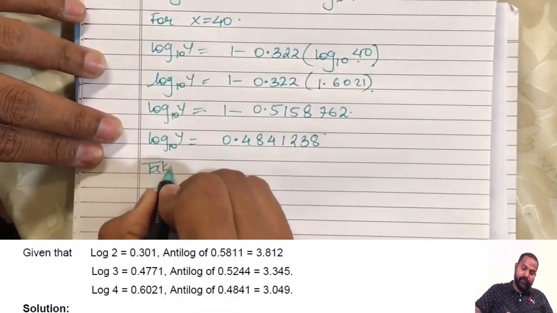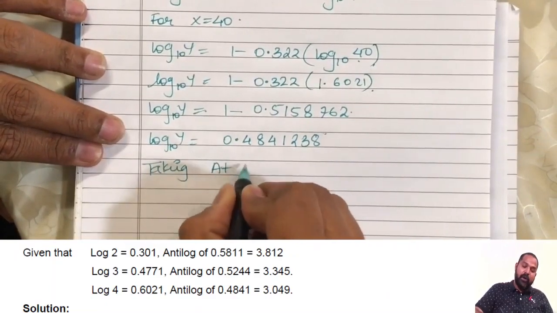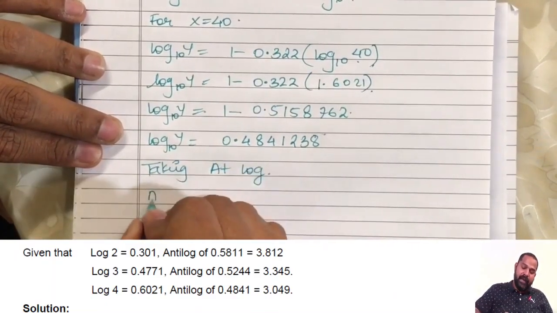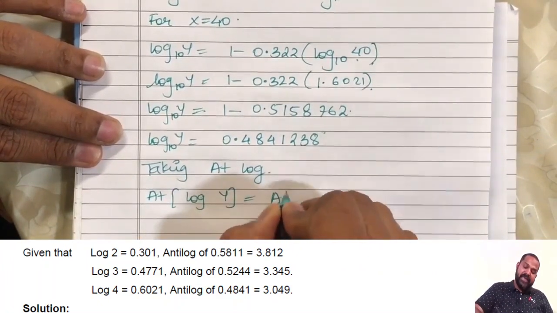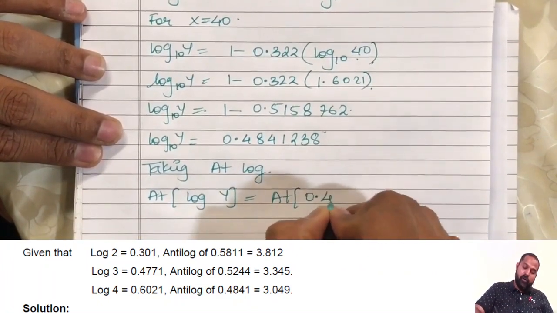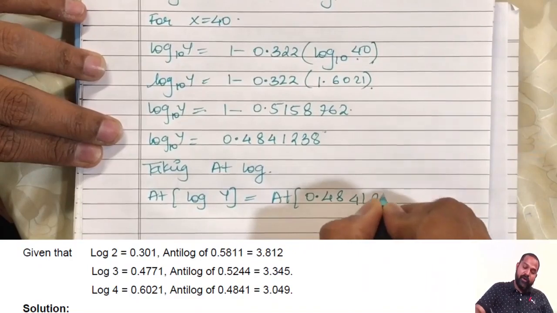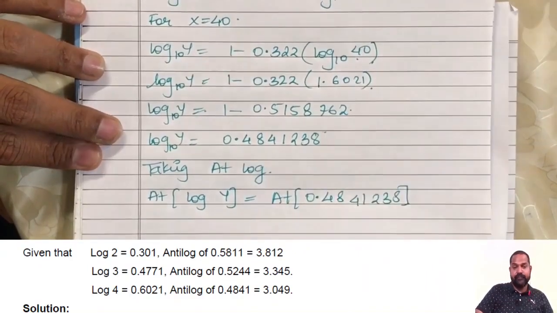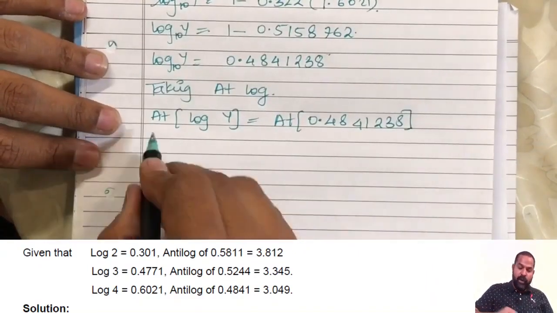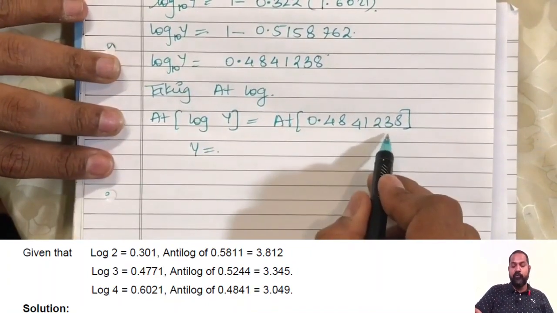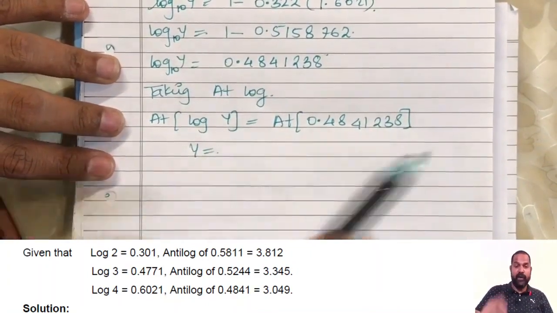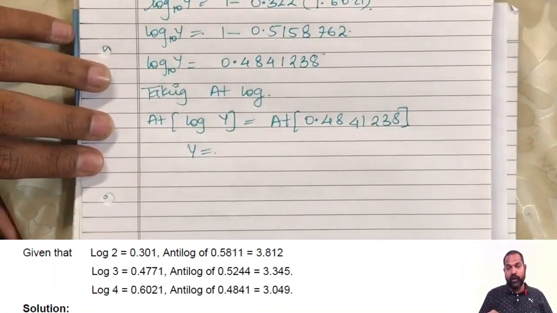Taking anti-log, antilog of log y is the antilog of 0.4841238. Antilog of log y is y. What is the antilog of 0.4841?